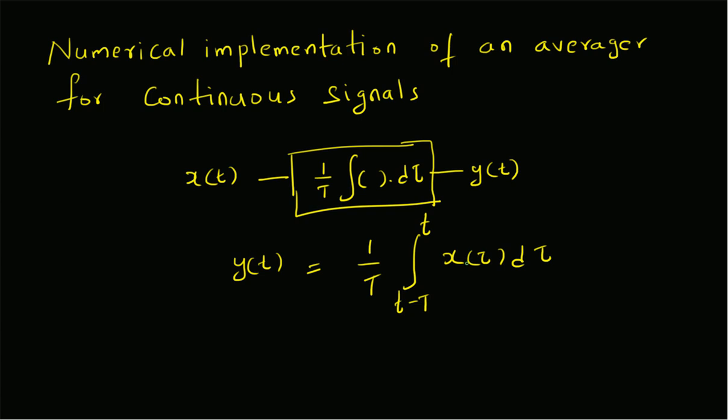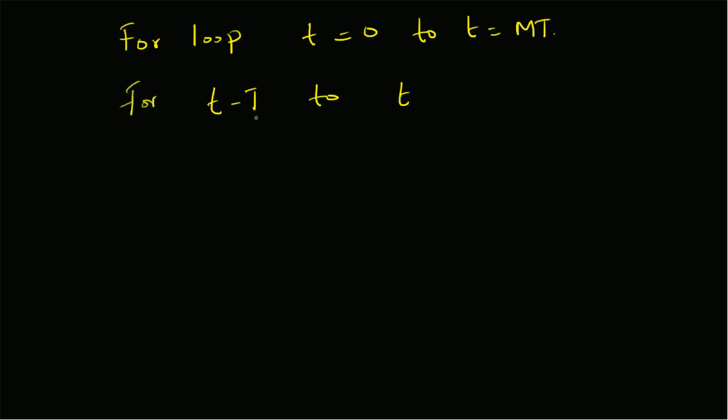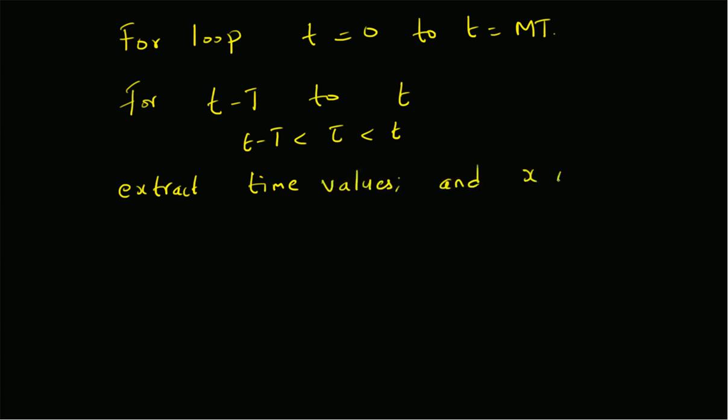So for doing this numerically, we need the values of x of tau for this interval, and also the values of the time for this duration. So for tau between t minus T and t, we need to extract the time vector values and x of tau values.